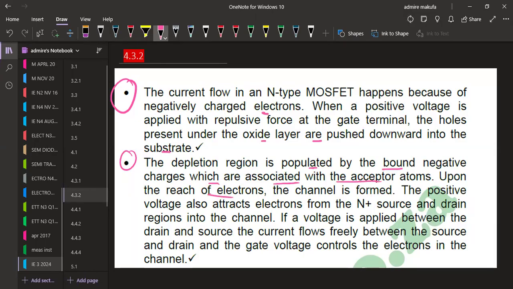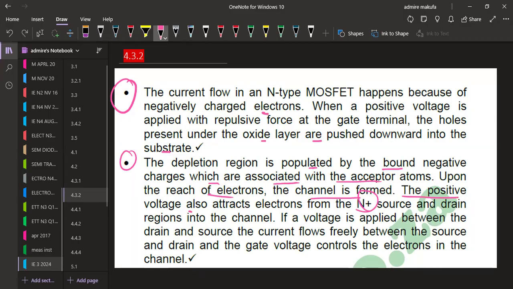Upon the arrival of electrons, the channel is formed. The positive voltage also attracts electrons from the N-type source and drain regions into the channel.